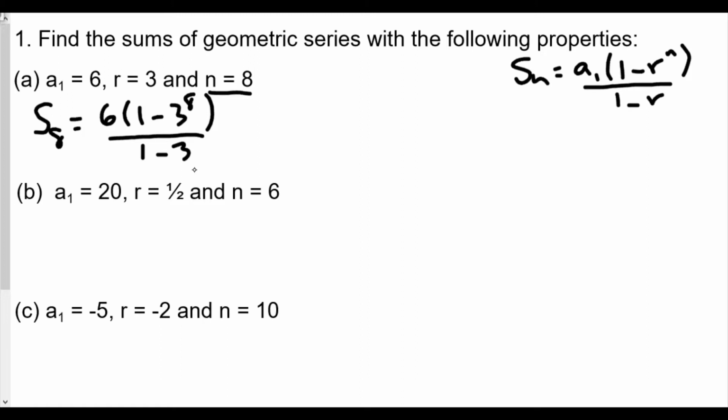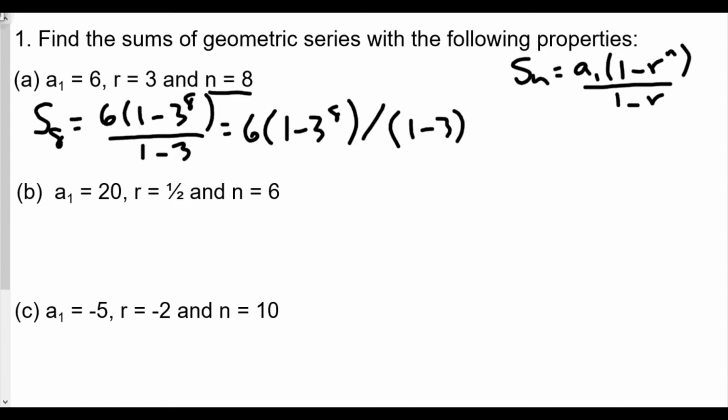Now, when I enter the calculator, I'll actually be typing in the following: 6, open parenthesis, 1 minus 3 to the 8th, close parenthesis, divide by, and now open parenthesis because I want to divide by 1 minus 3. I could easily put down negative 2, but if you want to write it this way on your calculator, please make sure you put parentheses around this.